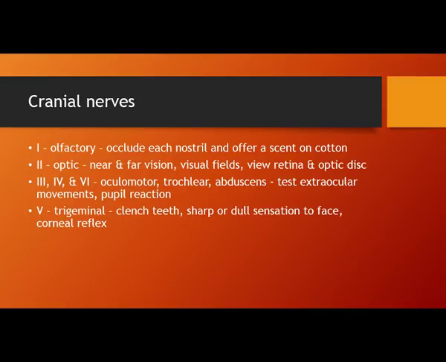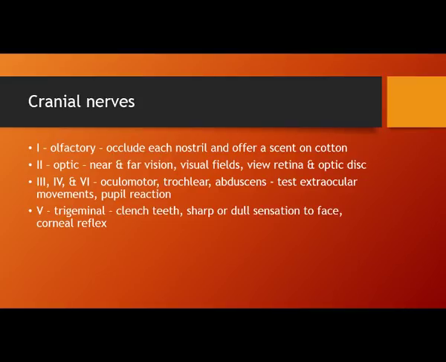Then the second one is the optic nerve, and if the person can see, we know that it's grossly intact, but we might also assess visual fields because, of course, there can be a lesion somewhere along there, so maybe one of the quadrants would be affected and other quadrants are not. So we do a little bit more than just see if they can see on both sides.